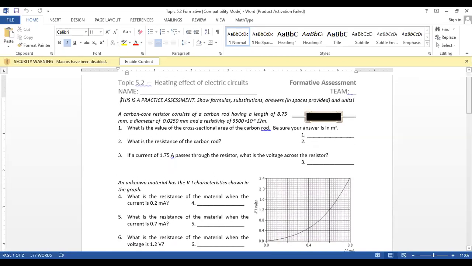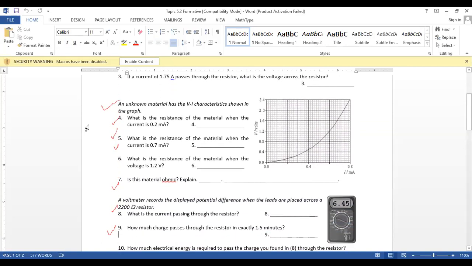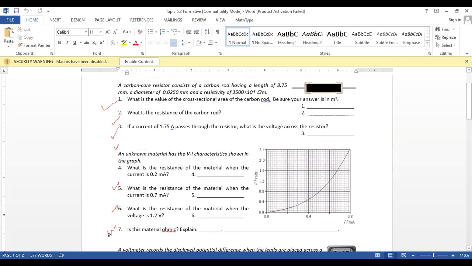You have to solve these questions from question number 1 till question number 7. You will solve all these questions.